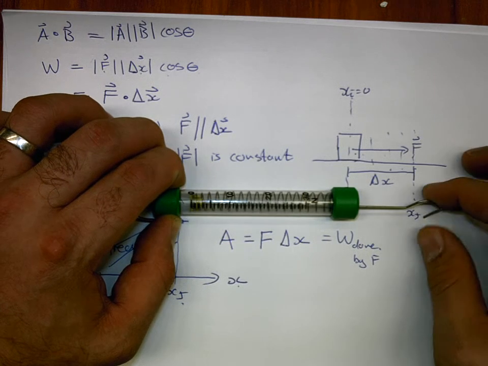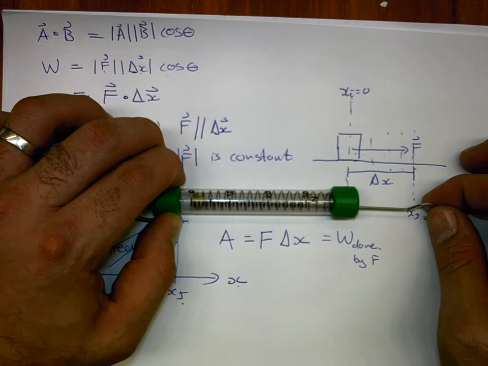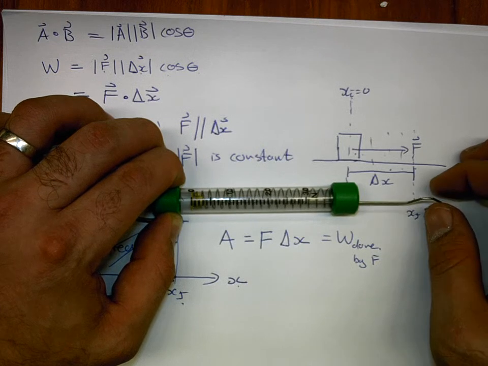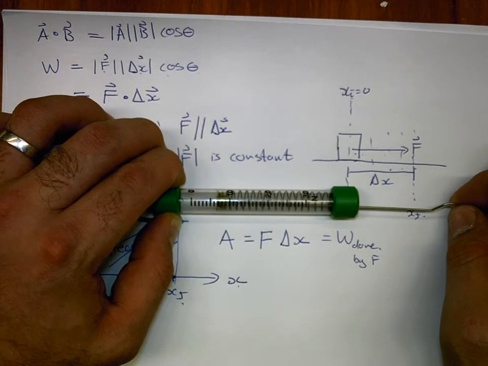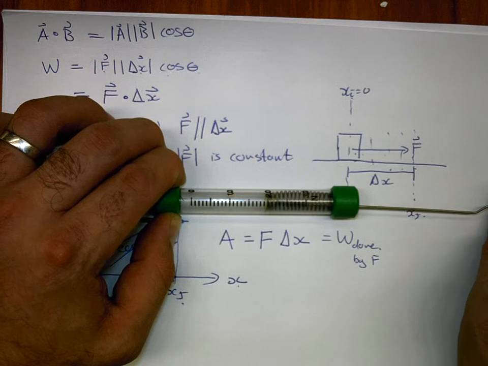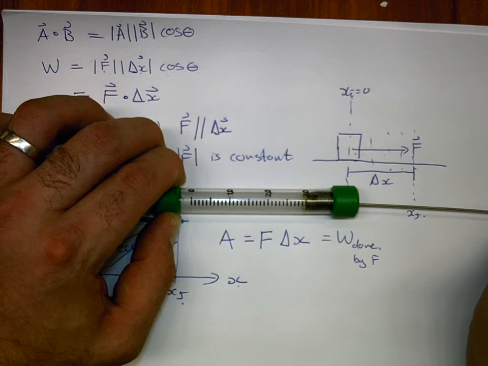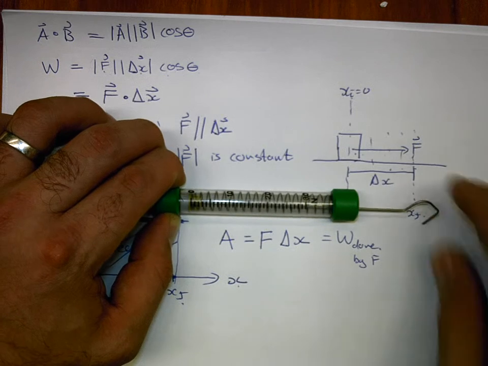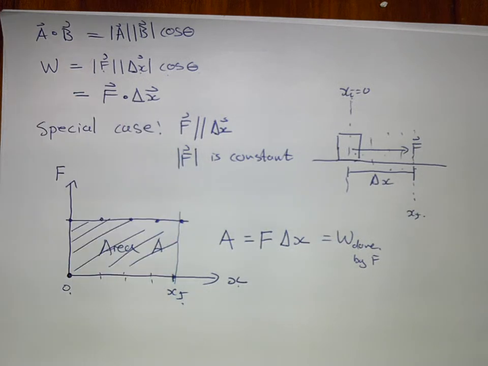So clearly over here, I have to apply a negligibly small force to cause a small displacement. But the further this thing is displaced, the larger the force that I apply must be to keep the piston going. So a spring is a very nice example of a force that is not constant with change in position.